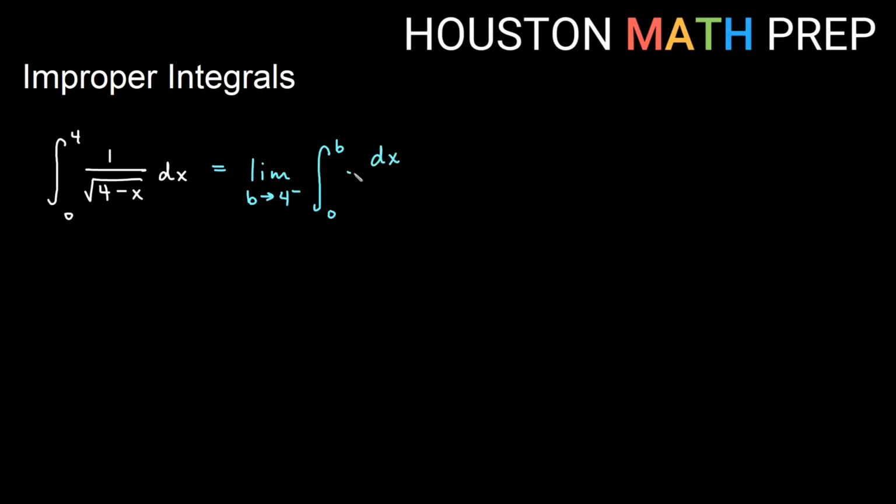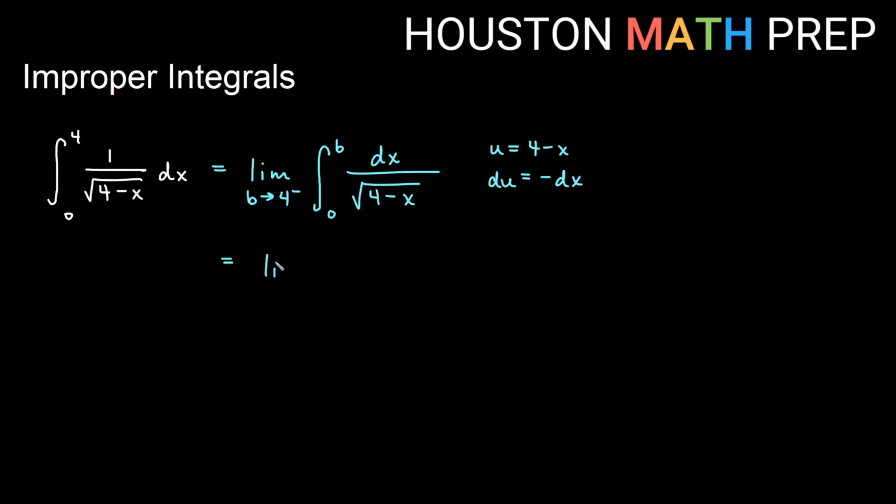And then we'll need to do the antiderivative of dx over root 4 minus x. So let's go ahead and do a u substitution here. We'll say u is 4 minus x, and du will be negative dx. So we'll go ahead and plug all that stuff in there.